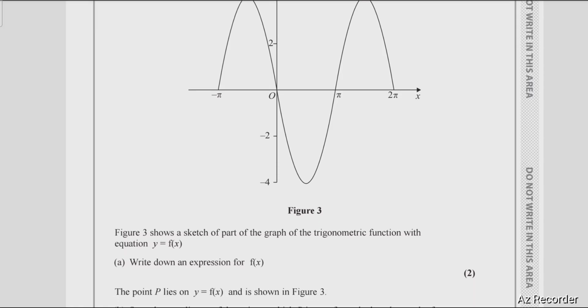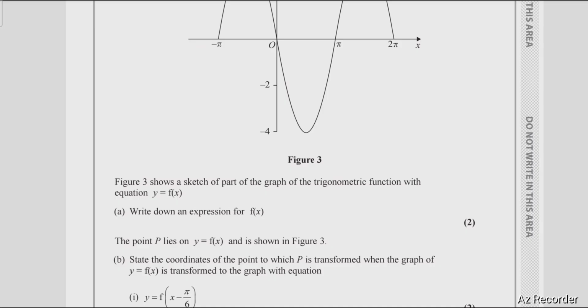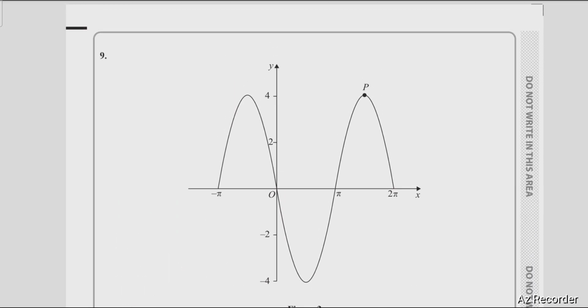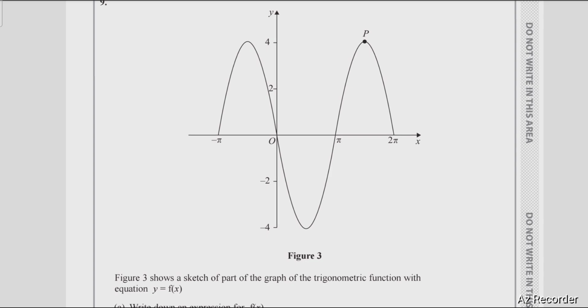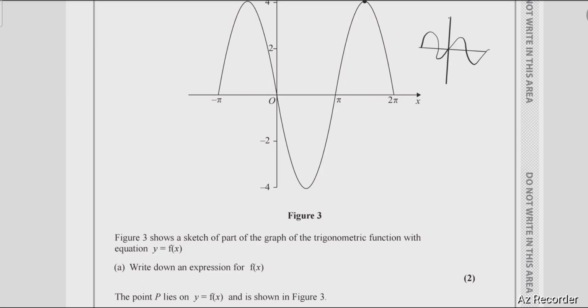Figure 3 shows a sketch of part of the graph of a trigonometric function with the equation y equals f of x. Write down an expression for f of x. Now the graph shows a sine wave, because the sine wave is like this. But it's reflected in the x-axis, because as you could see, if you compare them both, that's upward and that's downward in the negative.